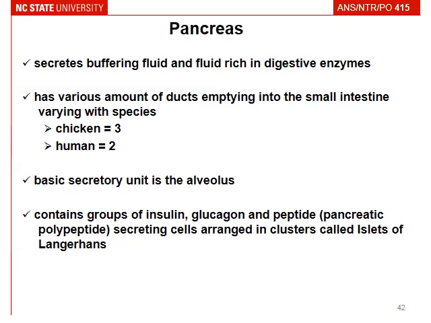The basic secretory unit has the alveolus within the pancreas, so it's kind of similar to the salivary glands, those acini or secretory end pieces. So the secretory unit looks like that.